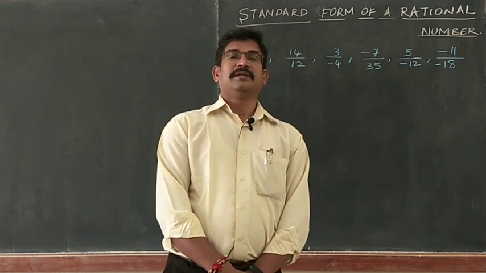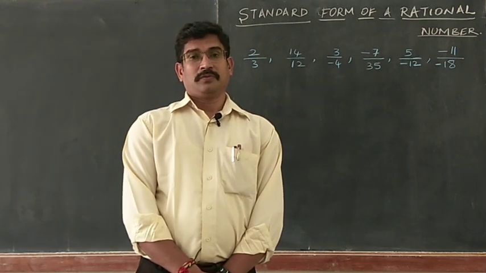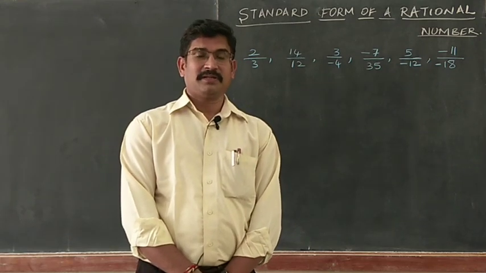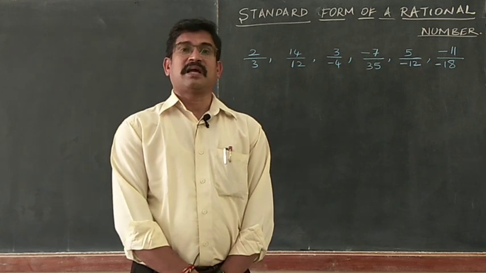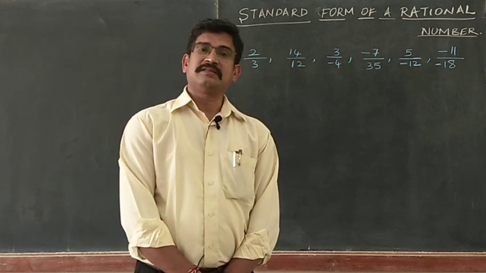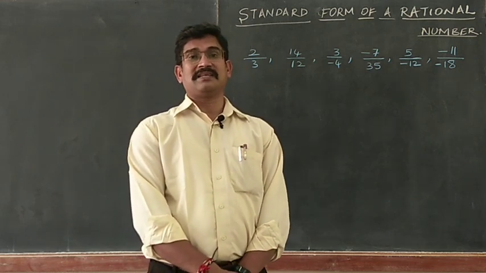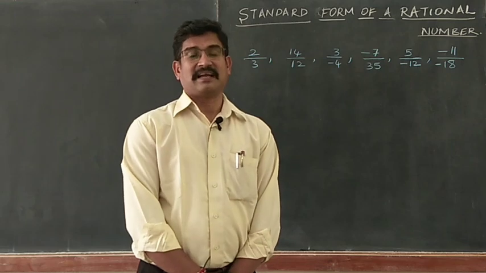Children, in this session I would like to discuss with you one important concept called standard form of a rational number. Children, this standard form of a rational number you learnt in your class 7th standard.